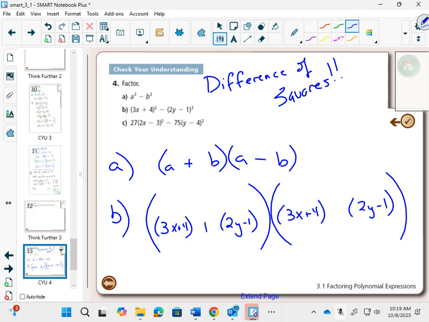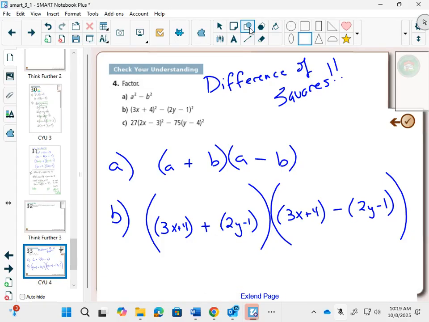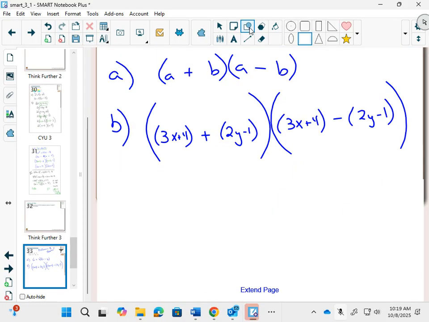One has to be plus, one has to be minus. Something squared minus something squared is always the first ones, one's plus, one's minus. And then on this question, could we simplify? Yes.